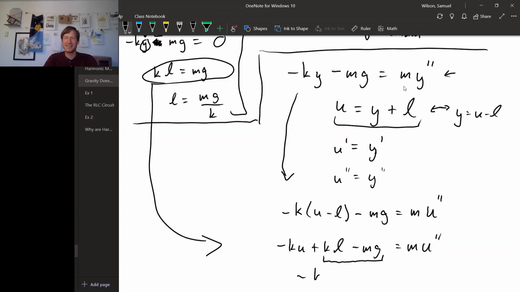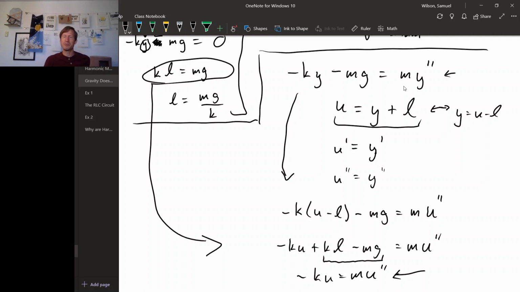So we just get minus ku equals m times u double prime. This differential equation that we got for u is exactly like the differential equation we got with y in outer space where there was no gravity. So we see that this mass and spring will behave exactly the same in a gravitational field as it does outside of a gravitational field.